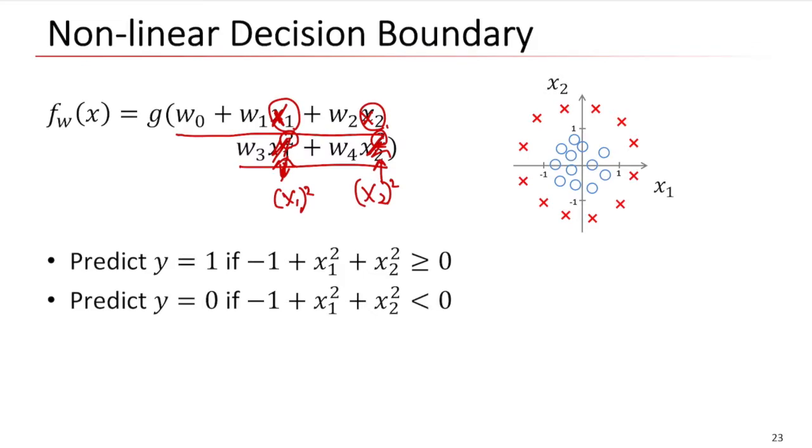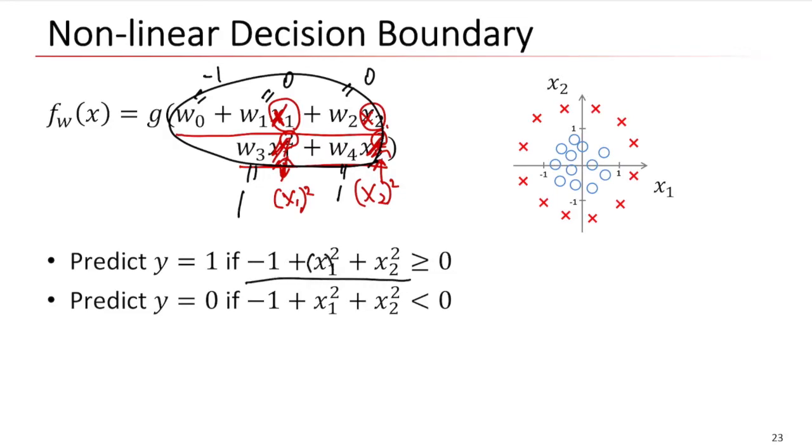And if we found the values W0 is equal to -1, W1 is equal to 0, W2 is equal to 0, W3 is equal to 1, W4 is equal to 1, then we can represent this part like this, okay?